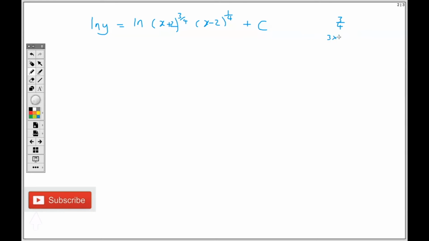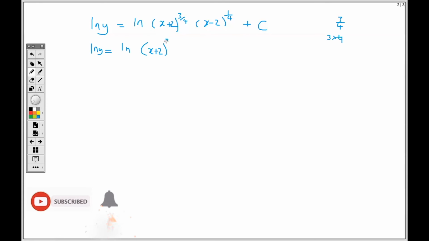So breaking this down, the power 3 over 4, I will have ln y equal ln x plus 2 all raised to the 3 being the power times a quarter, and then I have the next part, which is x minus 2 raised to the 1 over 4 plus c.